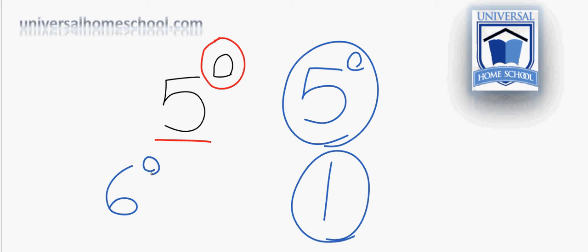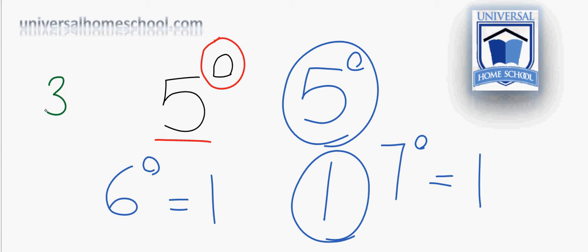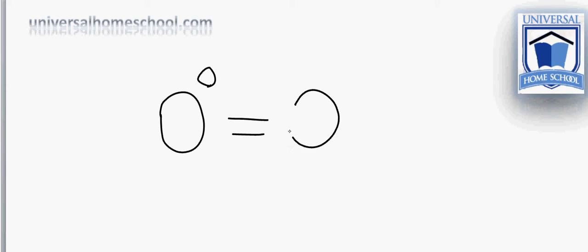6 to the power of 0 would equal 1. 7 to the power of 0 would equal 1. 3 to the power of 0 would equal 1. And don't forget, the only time it's not a 1 is if it's 0. 0 to the power of 0 would equal 0.